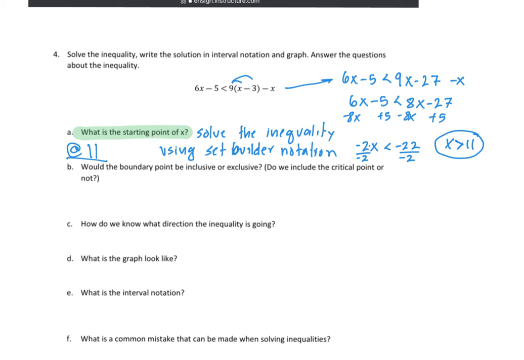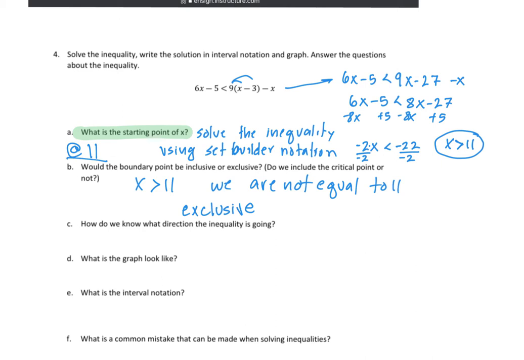Because we have x is greater than 11, we are not equal to 11. So when it says, is the boundary point inclusive or exclusive, we will say exclusive or not inclusive. We're excluding it from our graph.